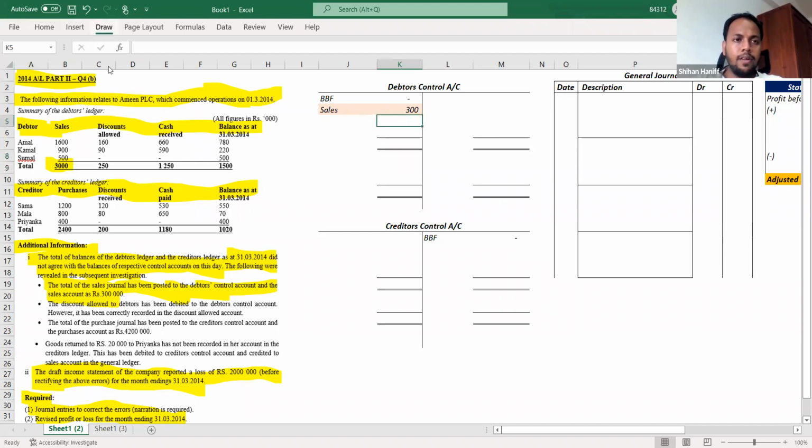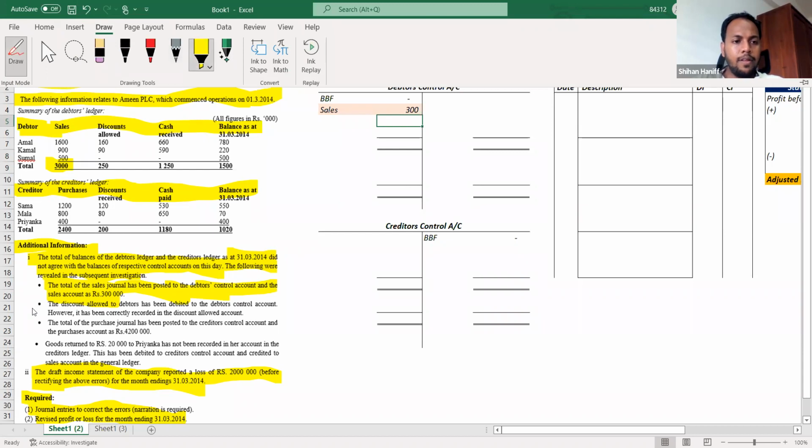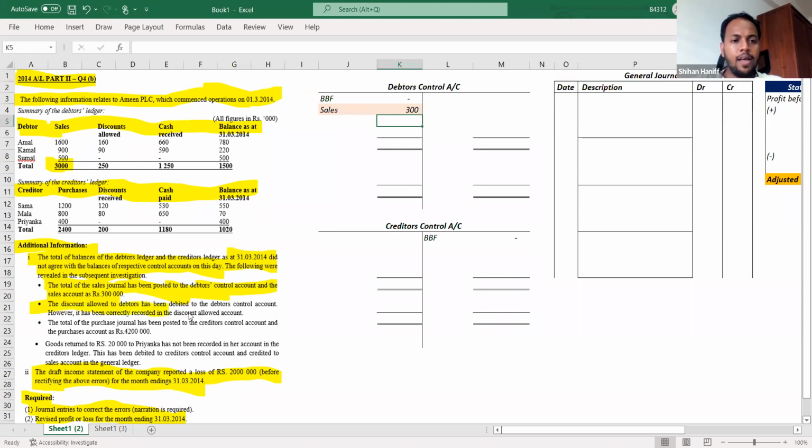The second one says the discount allowed to debtors has been debited to the debtors control account. However, it has been correctly recorded in the discount allowed account. So normally the double entry for discount allowed is discount allowed account debit, debtors account credit. Right? But here, what they have done is the discount allowed account is correctly recorded and the debtors control account is also debited.